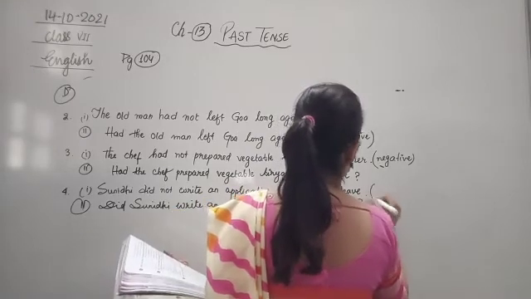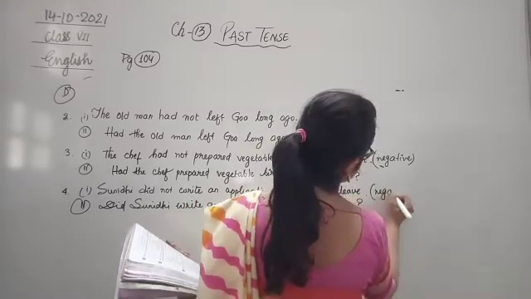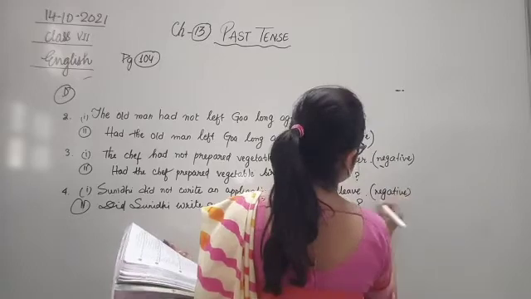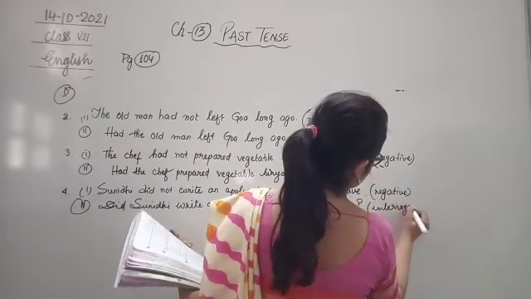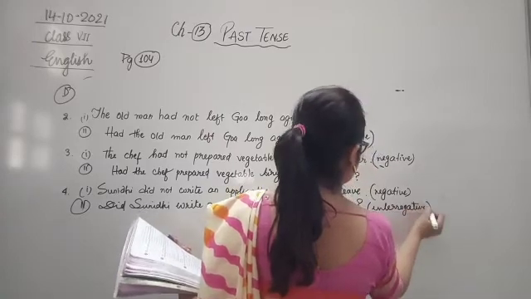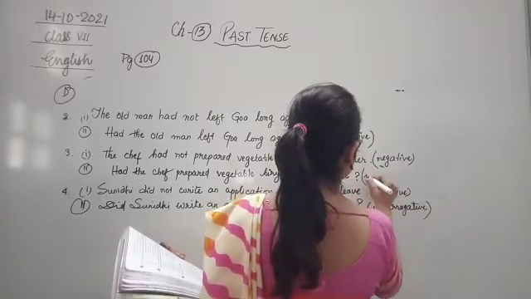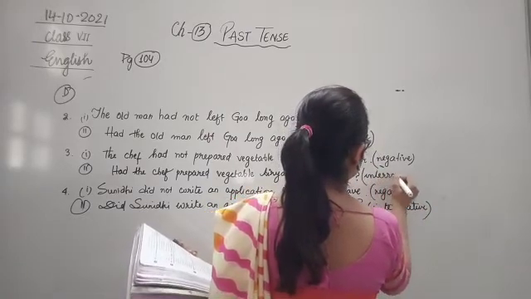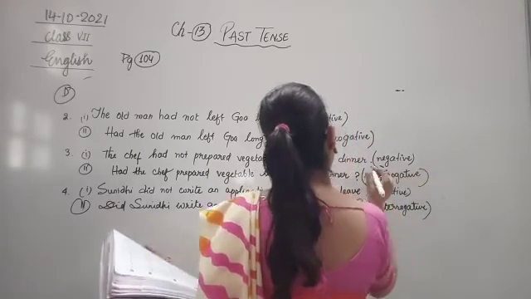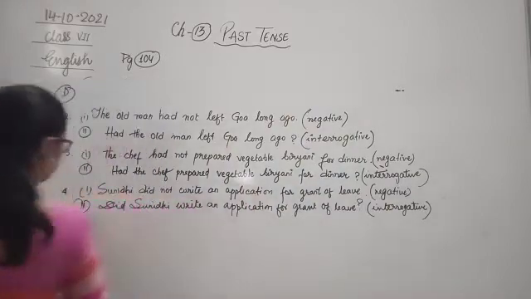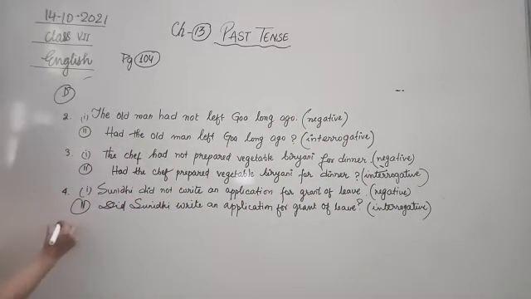Question? Yes, student. This one was in negative. This is in interrogative. Okay, and this one also was in interrogative. Okay, now we can move ahead with number 5.